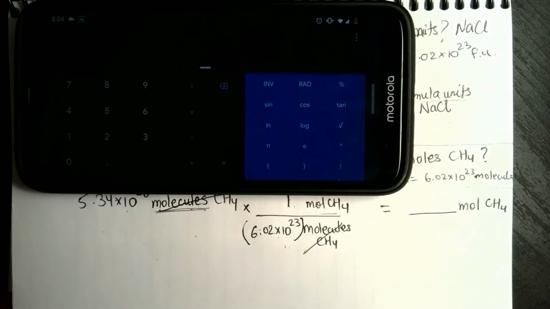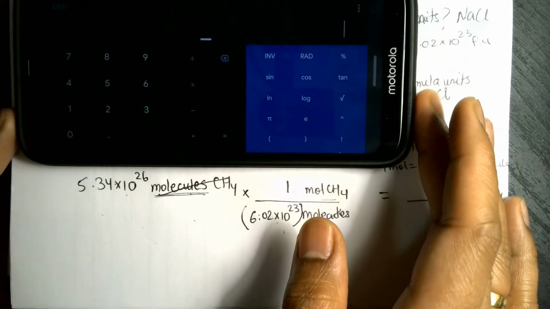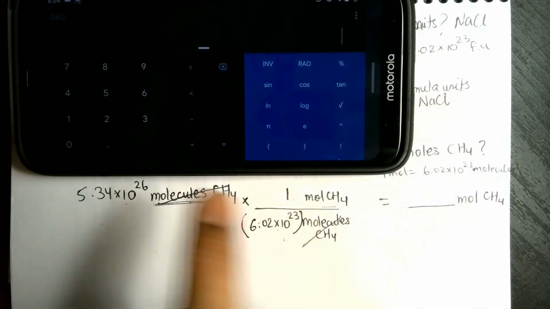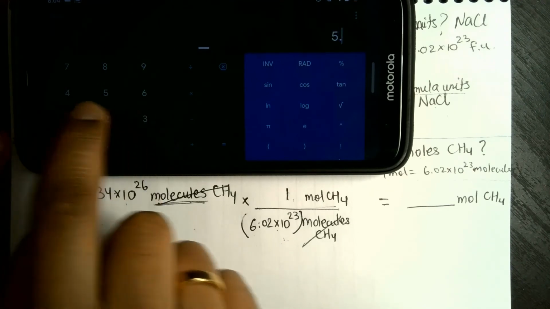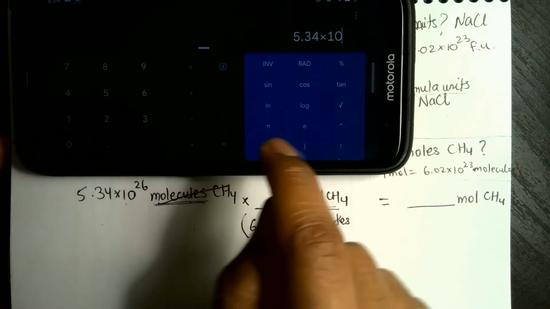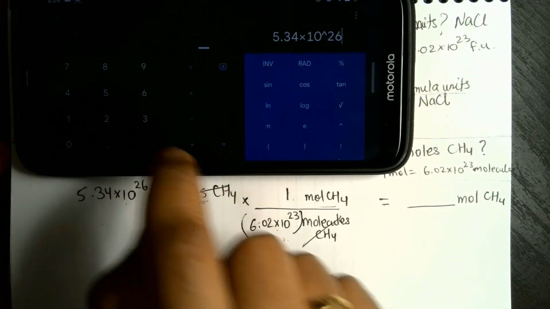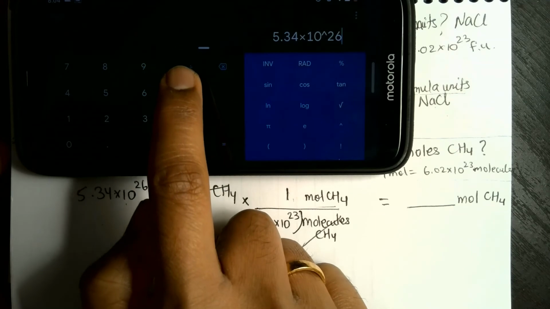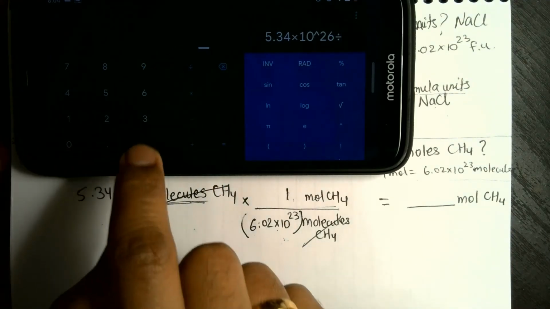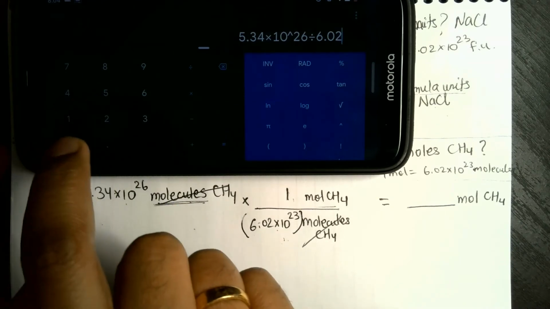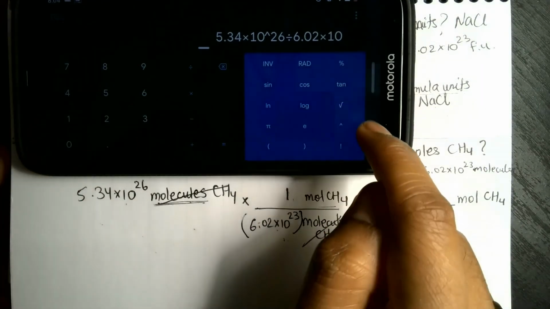And here's why. If you insert this in your calculator as you write it, 5.34 times 10 to the power 26 divided by 6.02 times 10 to the power 23.